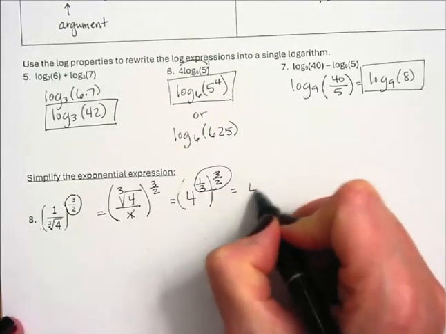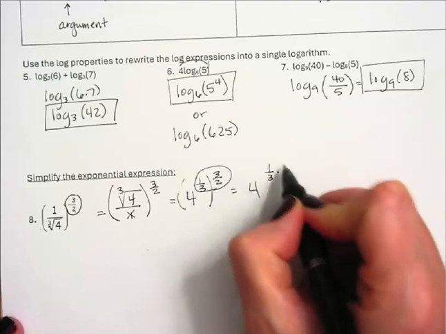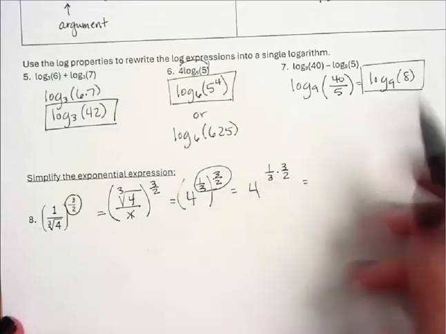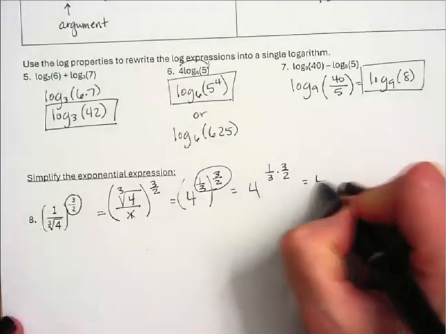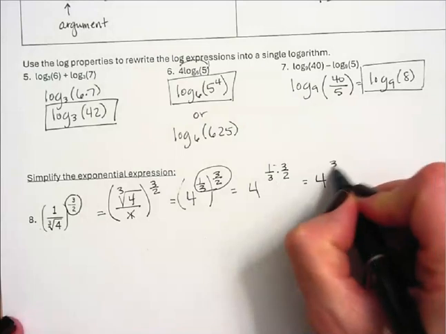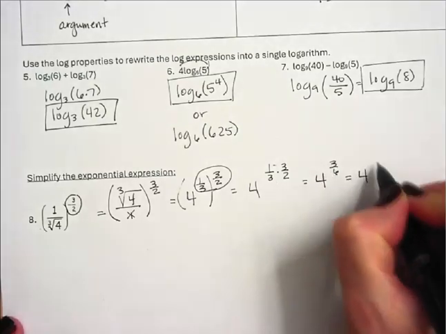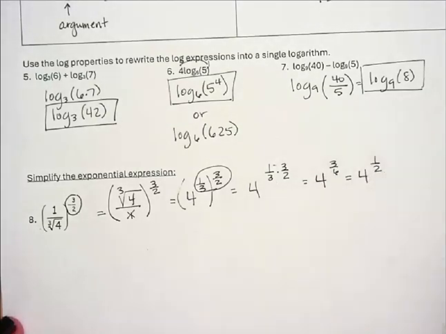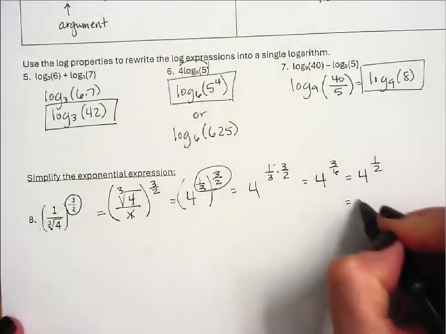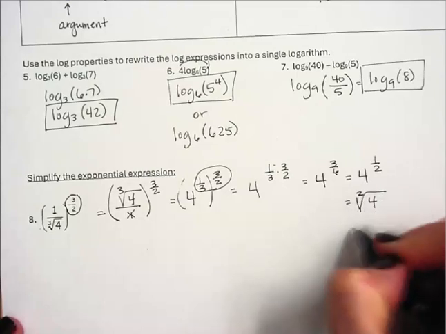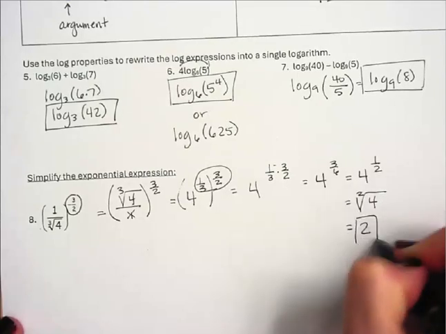So it's 4 to the 1/3 times 3 halves. You can cancel the 3's right here and just get a half, or you can multiply across the top and bottom and then get a half. And then remember that an exponent of 1/2 is the same as a square root, and the square root of 4 is 2.